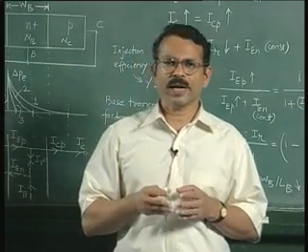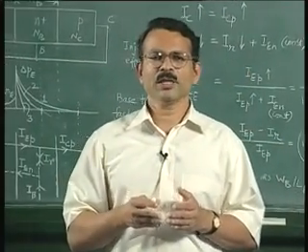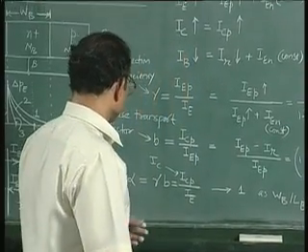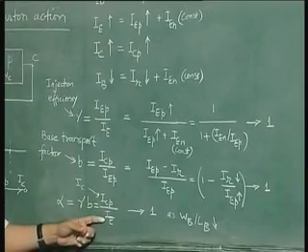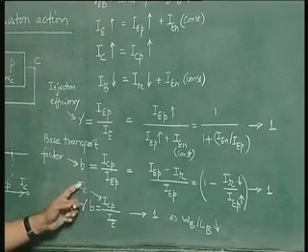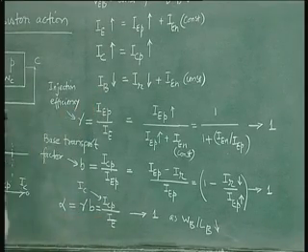Now one can also define another parameter called the beta, okay, because just as we can define IC by IE, we could also define the ratio IC by IB. IB is given here.